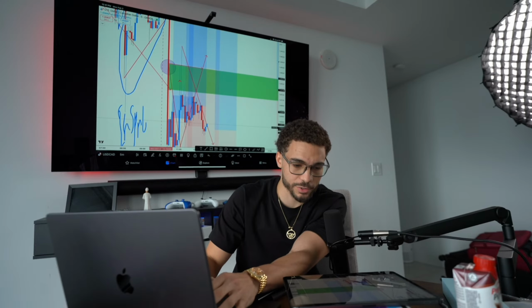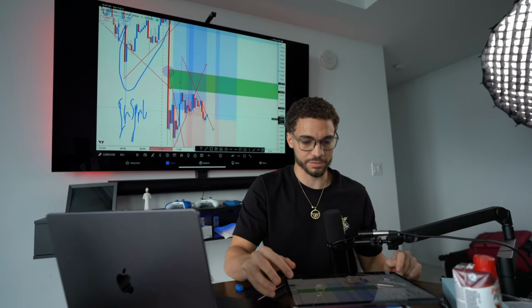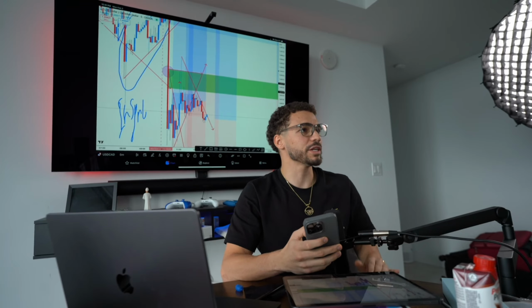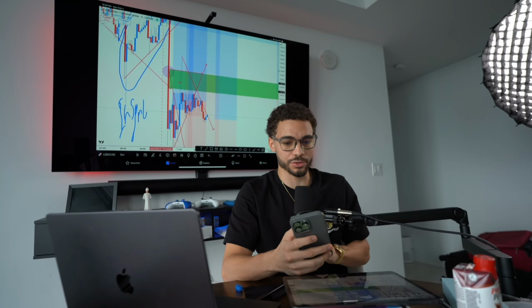I think now we get the push. I think this will be the moment we actually get the push. Most of my trades play out 2 hours after the news releases.